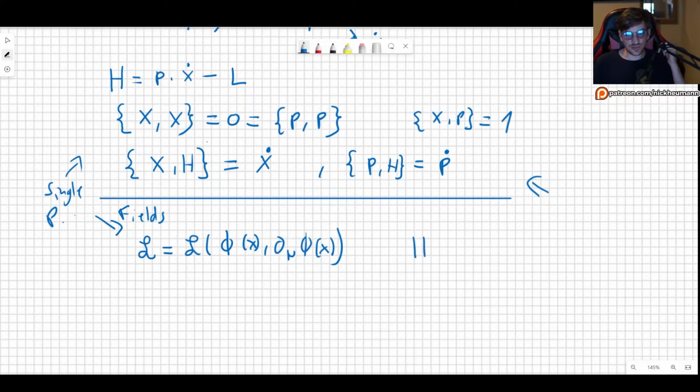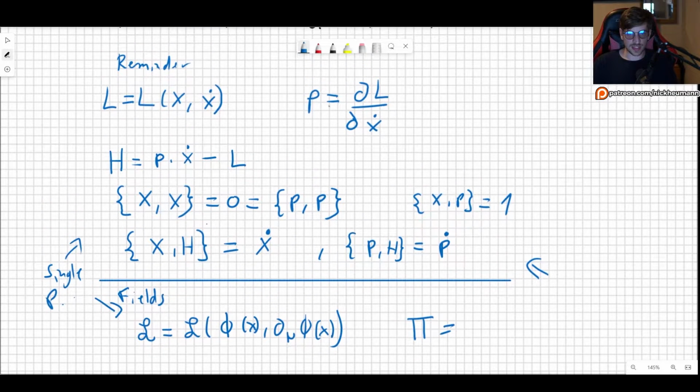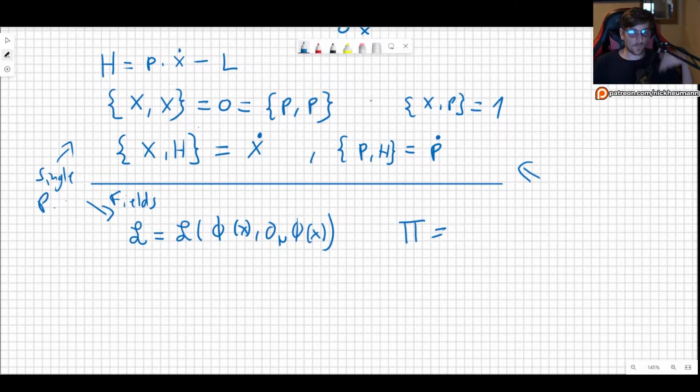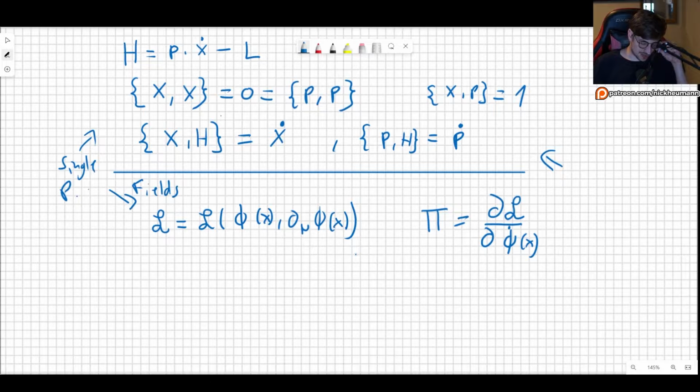In analogy to the canonical momentum we had right up there, we can now define pi, which is basically p but in the case of fields. It is the partial derivative of the Lagrangian density with respect to the time derivative of the field. That is the equivalent of the canonical momentum we saw for the single particle.